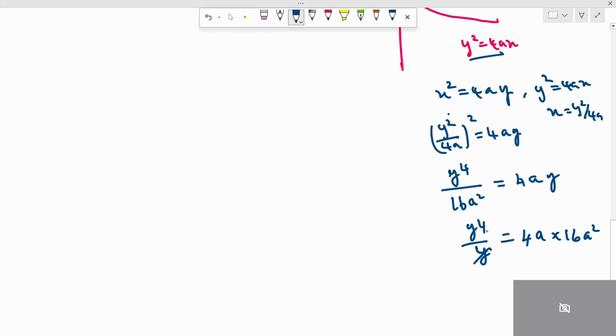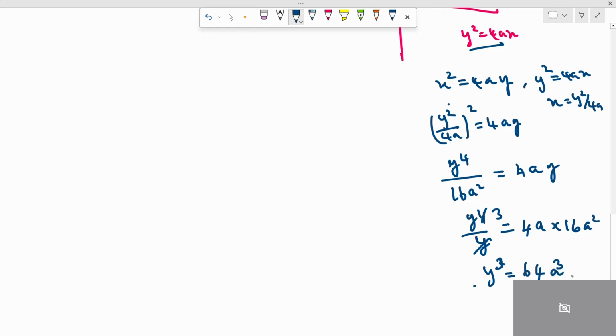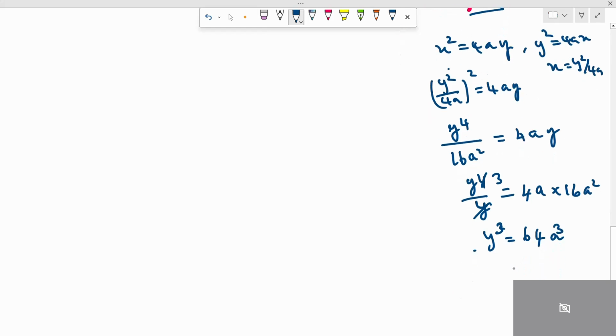Now we can remove one y, which gives y cube. Y cube is equal to 4 into 16, which is 64, and a into a square is a cube. 64 is nothing but 4 cube, so y cube is equal to 4 cube a cube. Therefore y is equal to 4a.